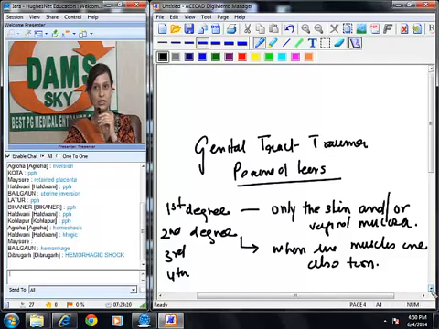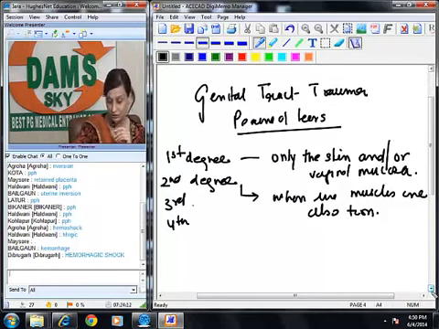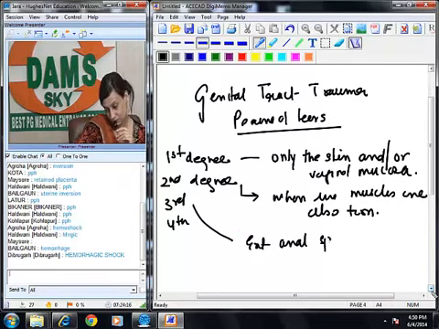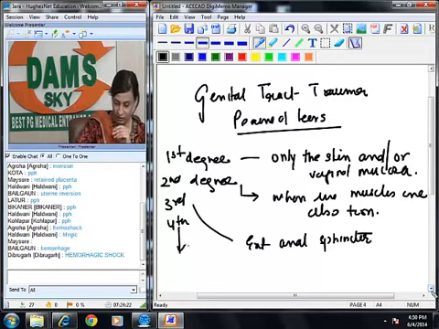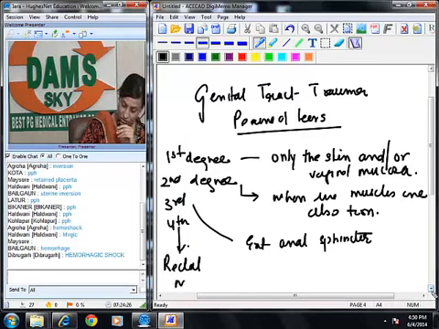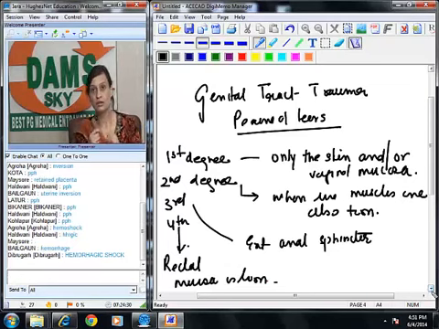And what is a third degree tear? So one which involves the external anal sphincter is called a third degree tear. And a fourth degree tear is when even the rectal mucosa is torn. Right? So this is how we divide the perineal tears into first, second, third and fourth degree tears.